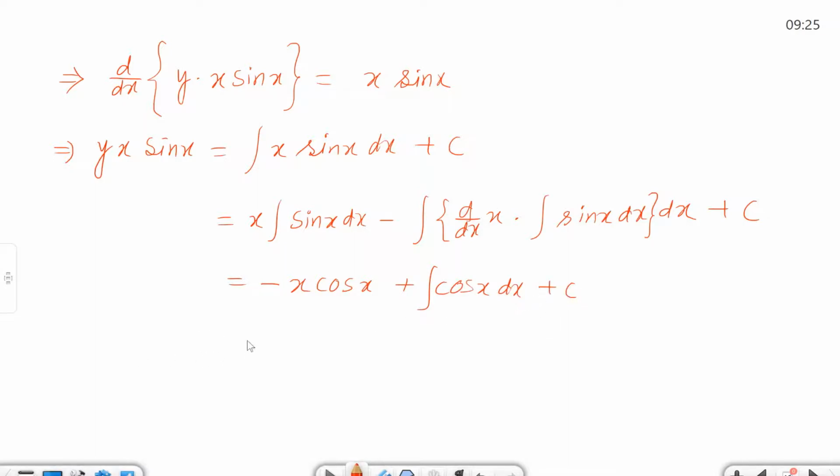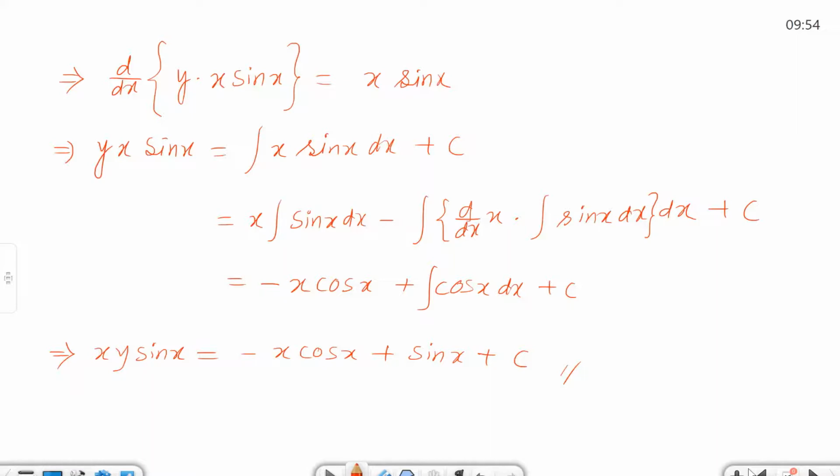Finally, the left-hand side is xy sin x equals minus x cos x, and the integration of cos x is sin x, plus c. So you may leave the answer here.